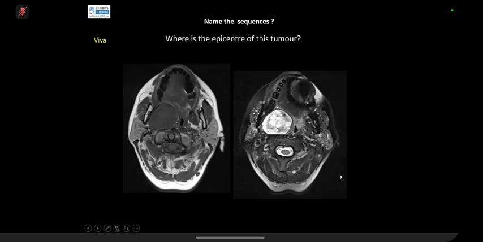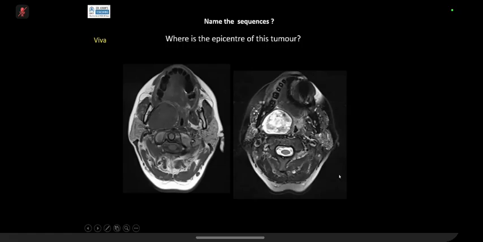This displaces the parapharyngeal space and the nasopharynx medially with slight narrowing of the nasopharynx. Mm-hmm. So differential diagnoses are those of parotid origin, including pleomorphic adenoma.